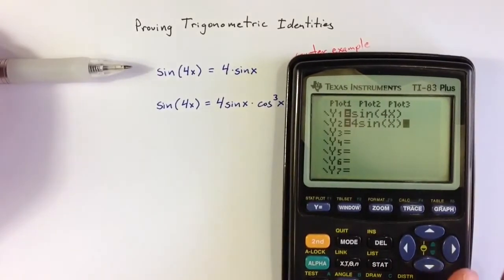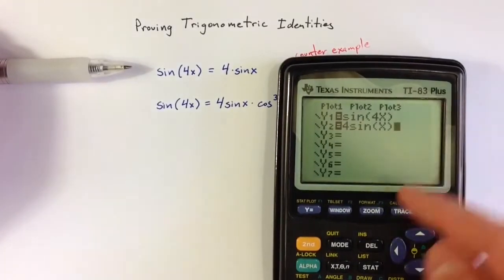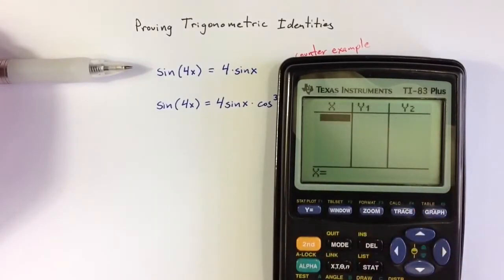Then I could either go to the graph and I would very quickly see that these are two different expressions, or I could go to the table, and because an identity has to be true for every angle, if I enter any number into this expression, what comes out should be the same.